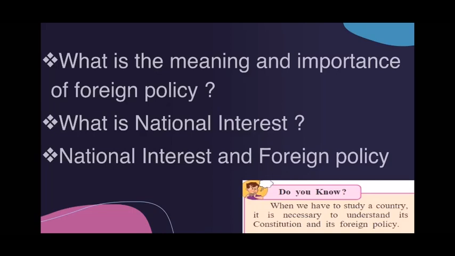Now, goals of a nation keep changing from time to time. Accordingly, the national interest also changes. Now, children, when we study a country, it is necessary to understand its constitution and its foreign policy, because the constitution and foreign policy impact other spheres of life.